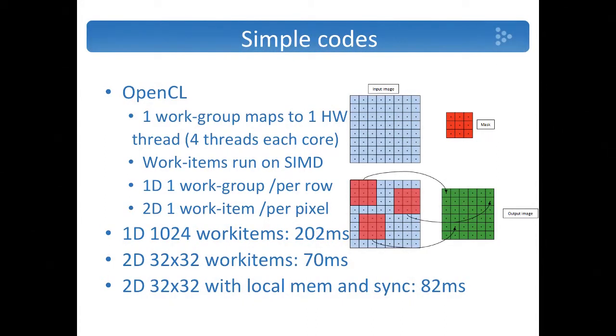So the result is obvious. The first result is the 1-dimensional kernel, like our OpenMP example, and it costs 200 milliseconds. But the 2-dimensional kernel has better memory cache management. Why? Because if the kernel is 2-dimensional, in 1 work group we need not only 1 row but multiple rows.